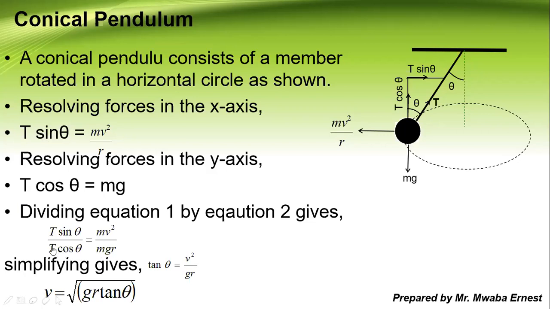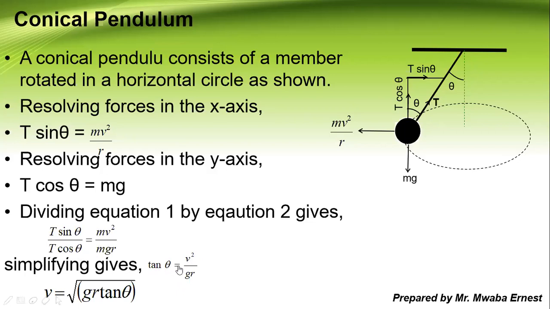Now, if you check carefully, you'll notice that T and T, they are common, so they cancel out. M and M, they're also common, they cancel out. You remain with sine theta over cos theta. By trig identities, we know sine theta over cos theta gives you tan theta. And as you can see, tan theta is equal to what has remained here, which is v squared over gr.